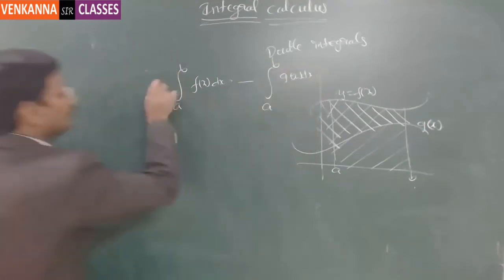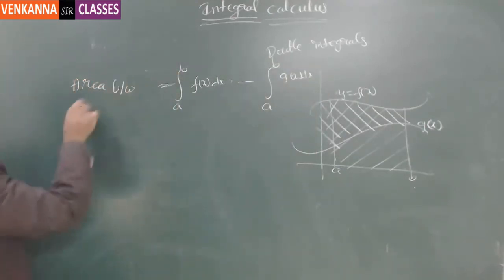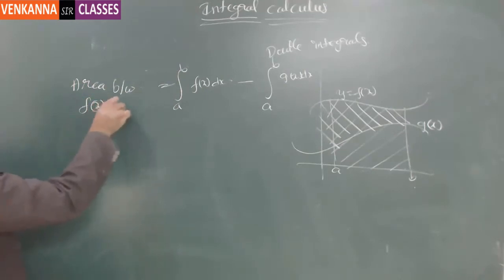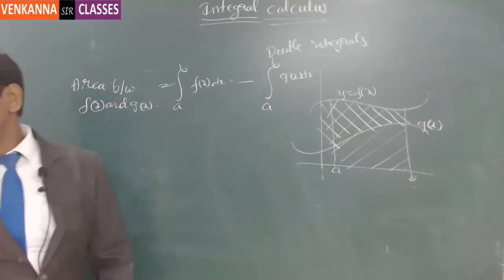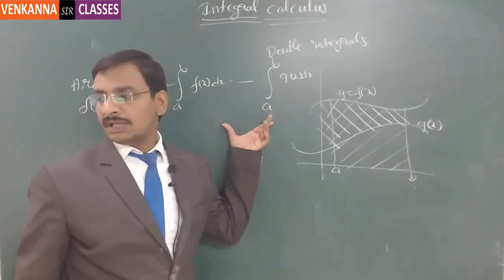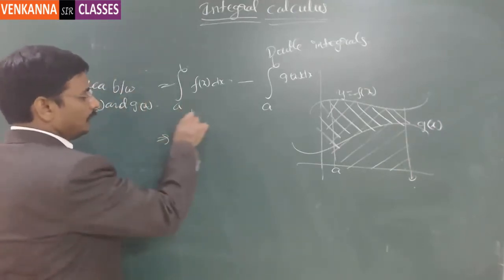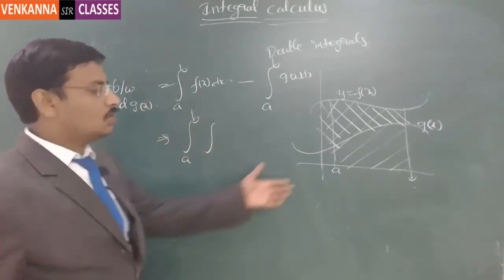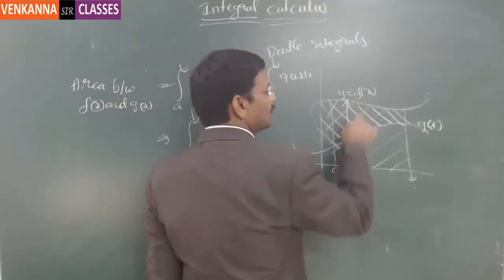So this will give the area between f of x and g of x. Now, why do I need to write it in this particular format? Rather than that, I have a different method, that is the integral from a to b, and then for the y value, the variation is between g of x to f of x.